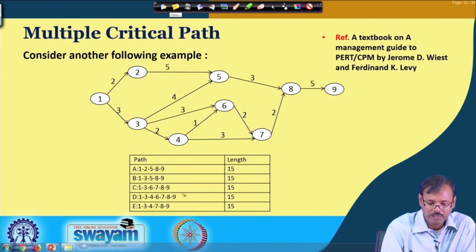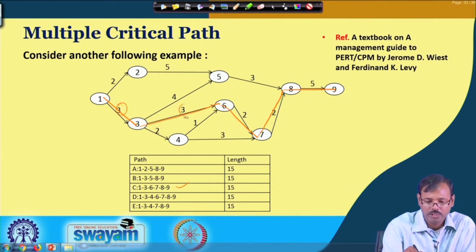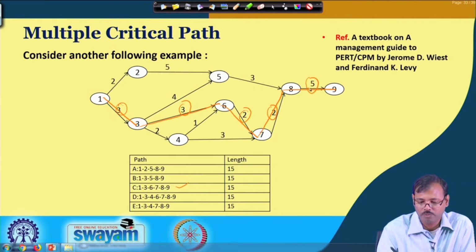Let us consider this third path 1, 3, 6, 7, 8, 9. So, this is 3 plus 3 plus 2 plus 2 plus 5. So, 3 plus 3 is 6, 6 plus 4 is 10, 10 plus 5 is 15.